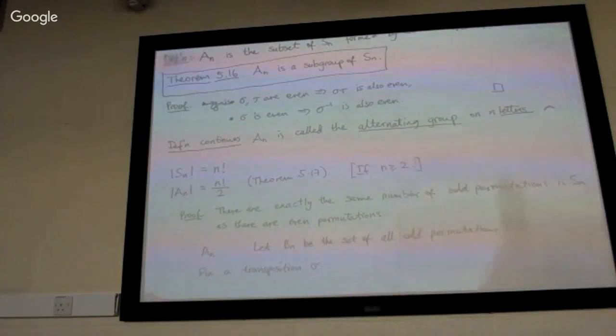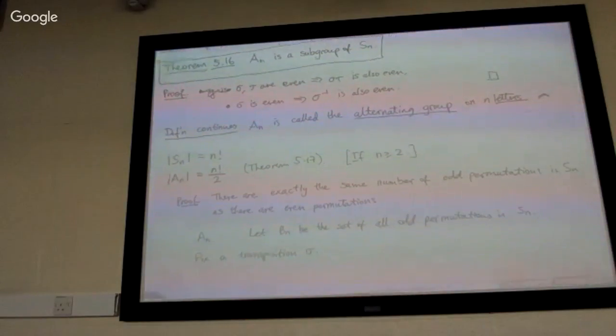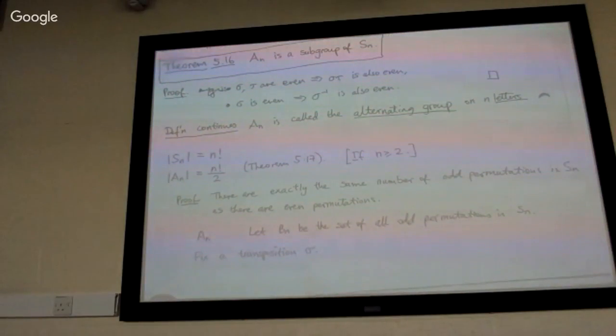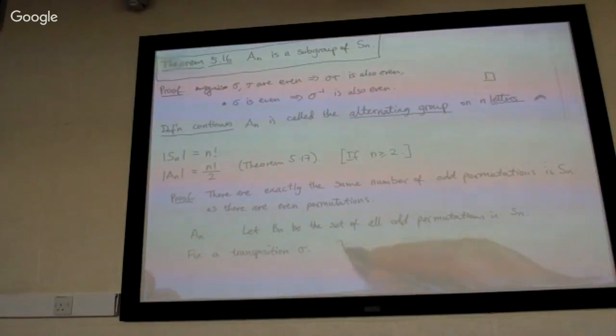If you have permutations of one element, then there's only one permutation, and that's an even one, which is the product of 0 transpositions. But for at least 2 elements, there is a transposition. You fix that transposition. You look at lambda sigma, which comes back to haunt us from exercise 27.